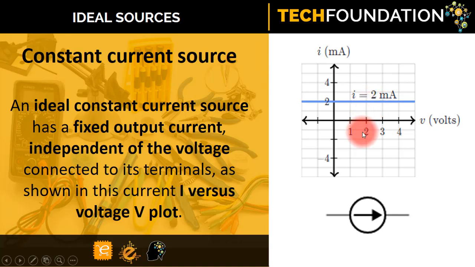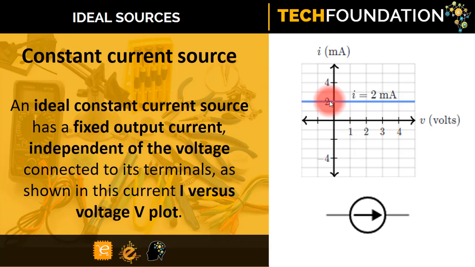And in this case, realize that if we should trace different voltages to this graph, it still crosses the graph at 2 milliamps. Okay, so that is the mathematical representation of an ideal constant current source.